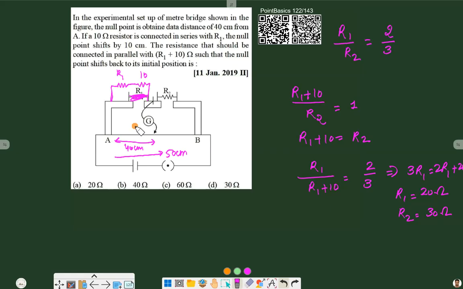Now we will use that condition, that if we add some resistance X in parallel here, the combination of this whole circuit will be equal to R1.